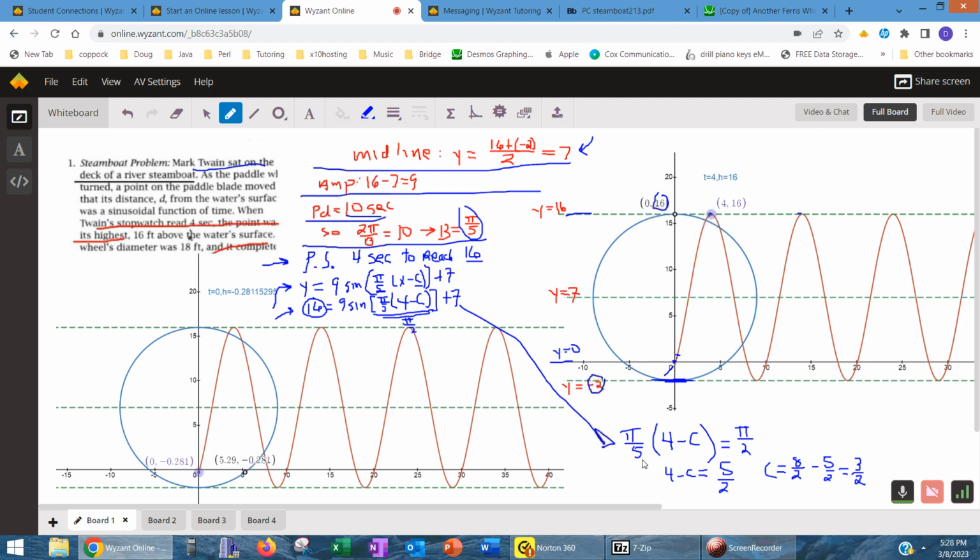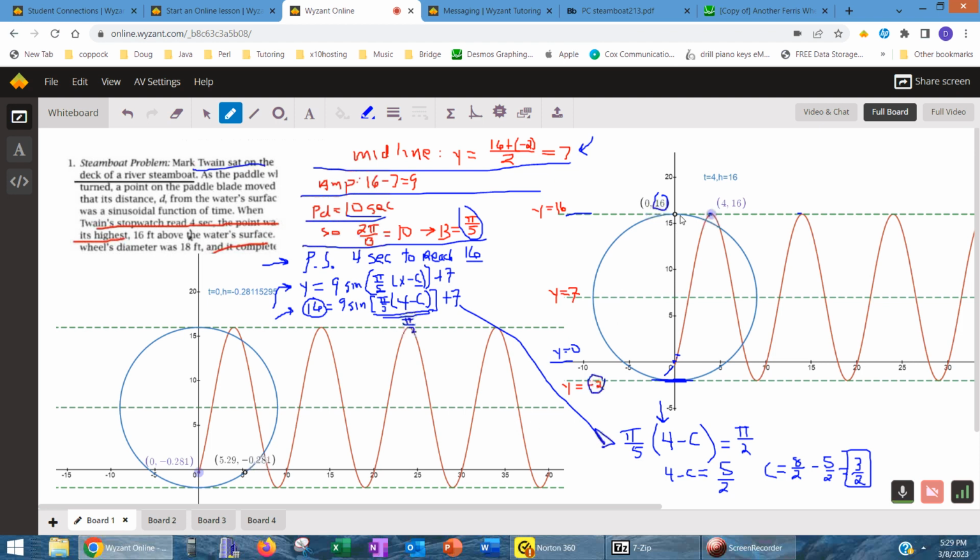So we want pi over 5 times the quantity 4 minus c to equal pi over 2. And by the way, I'm putting 4 in for t, or for x. And if I multiply both sides by 5 over pi, I get 4 minus c equals 5 over 2. Solve for c. There's your phase shift right there.